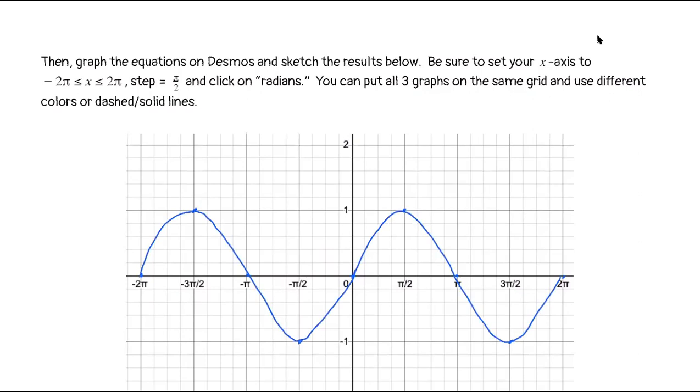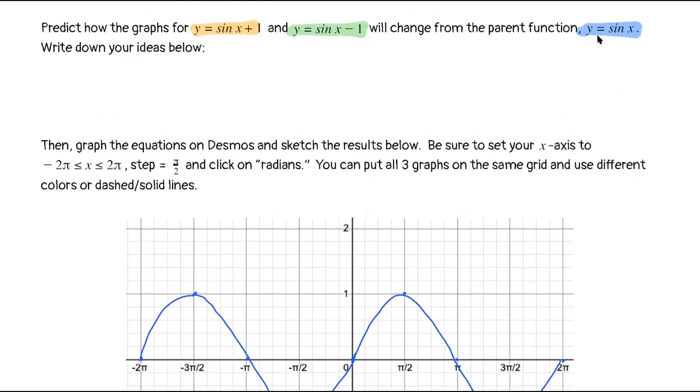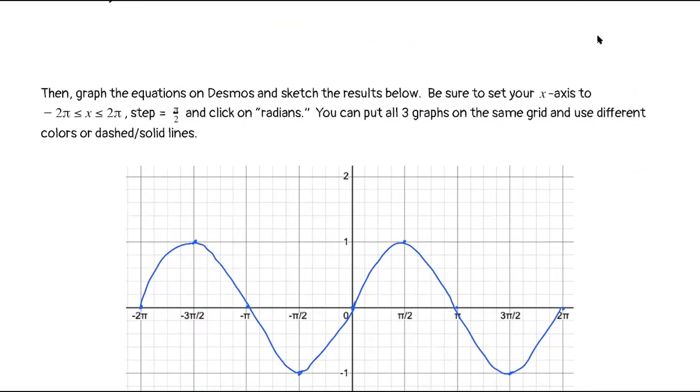I always get so nervous when I say that word because I'm afraid I'm going to leave out the F, and it's definitely happened before, but I'm trying to be really careful. So for the first one, the y equals sine x plus 1, that means we're going to take all of these nice points and we're just going to move everything up 1, okay? So I'm going to use the nice points because I don't want to try and count fractions if I don't have to.